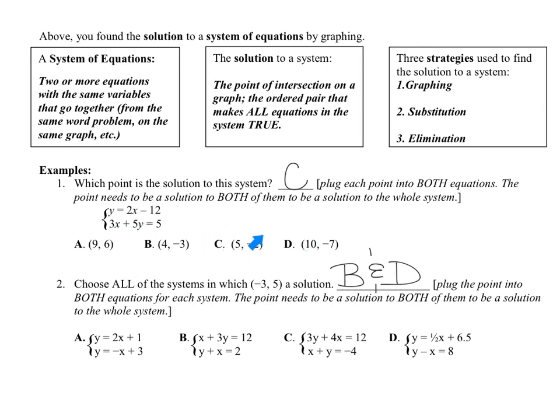And I found that the ordered pair (5, -2) works for both of them. So if I plug 5 in for x, I will get -2 for y. If I plug 5 in for x here and -2 in for y here, and I do the math, both sides end up being true. So C is the only ordered pair that works for both of them, which is what makes that a solution to the system.